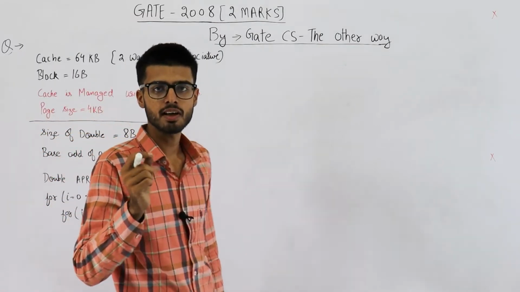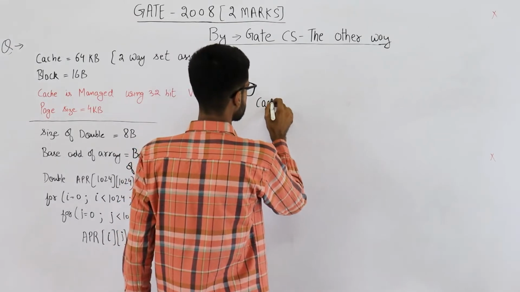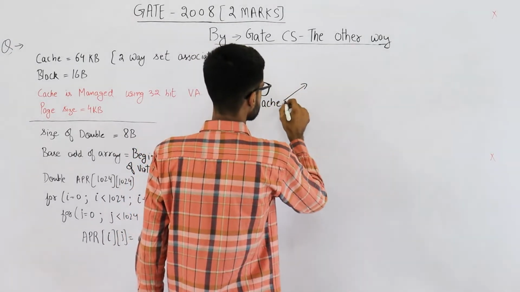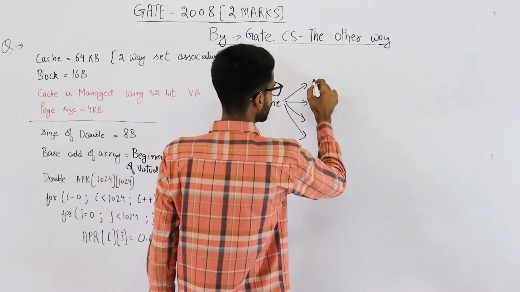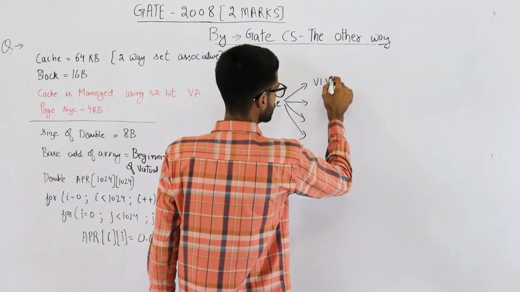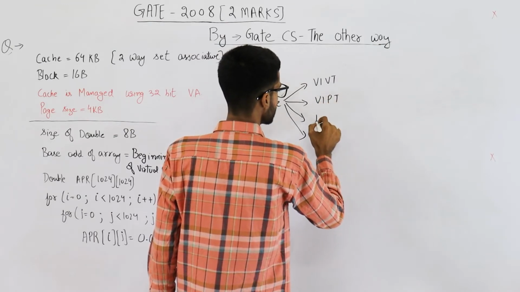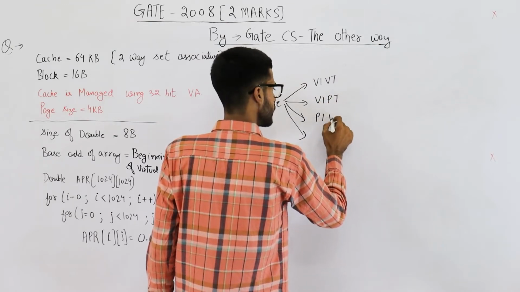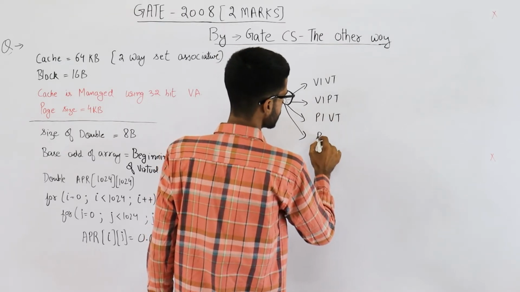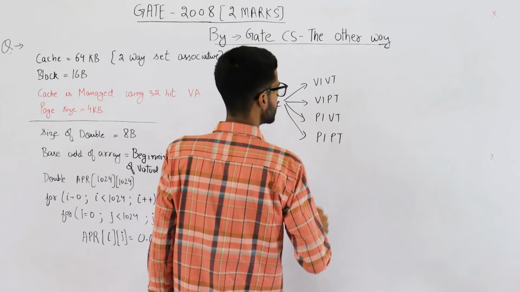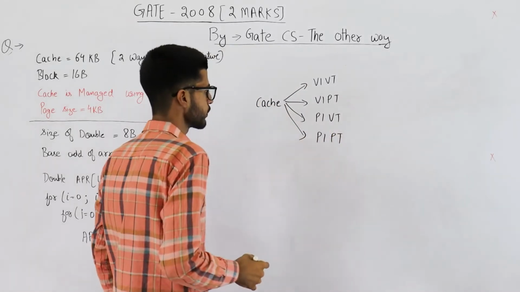See, caches can be of 4 types. They can be virtually indexed, virtually tagged; virtually indexed, physically tagged; physically indexed, virtually tagged; and one combination is physically indexed, physically tagged. Actually, one of them is not used.